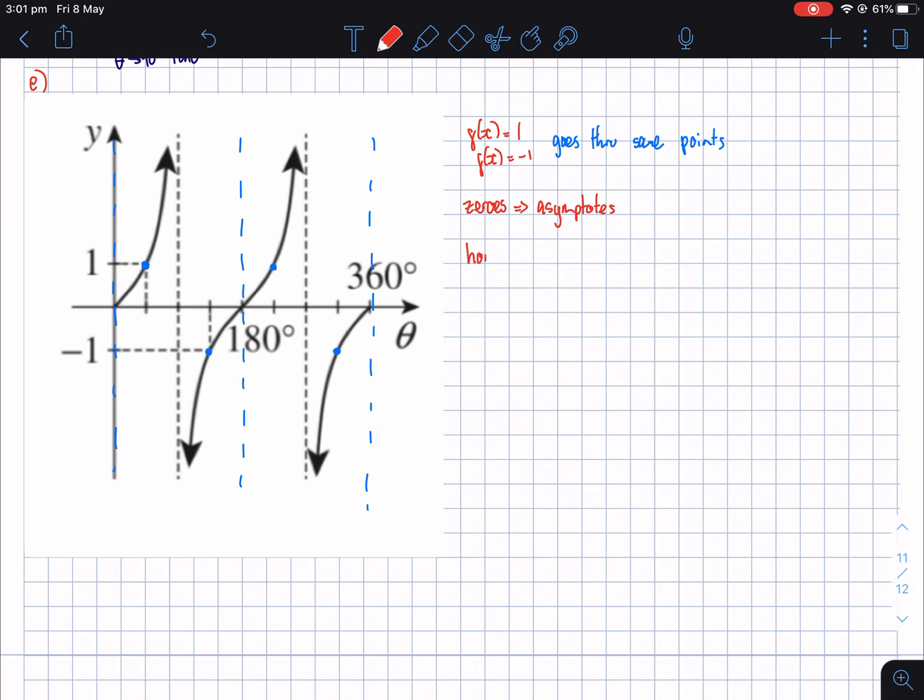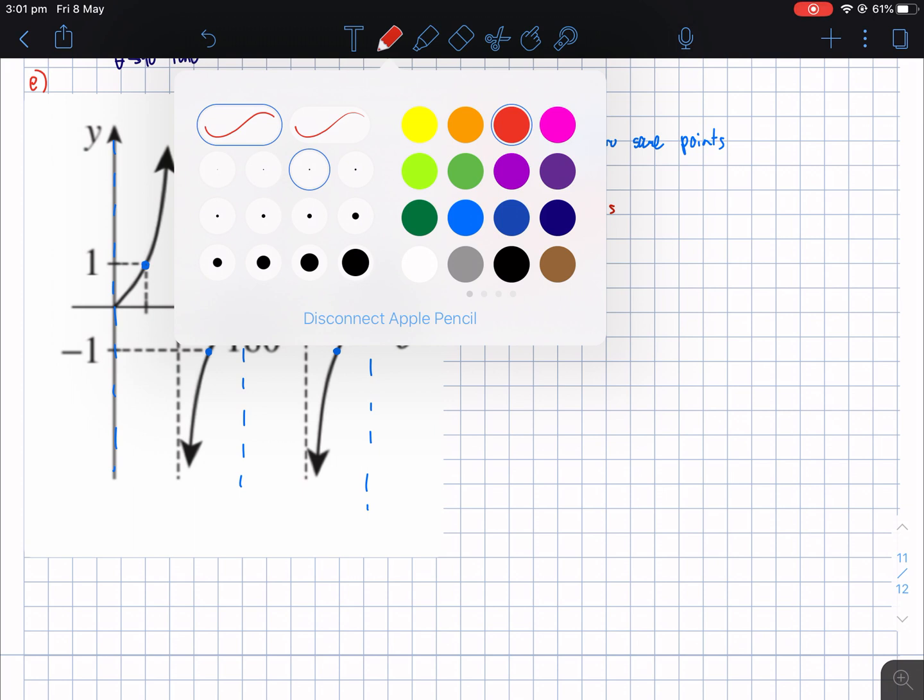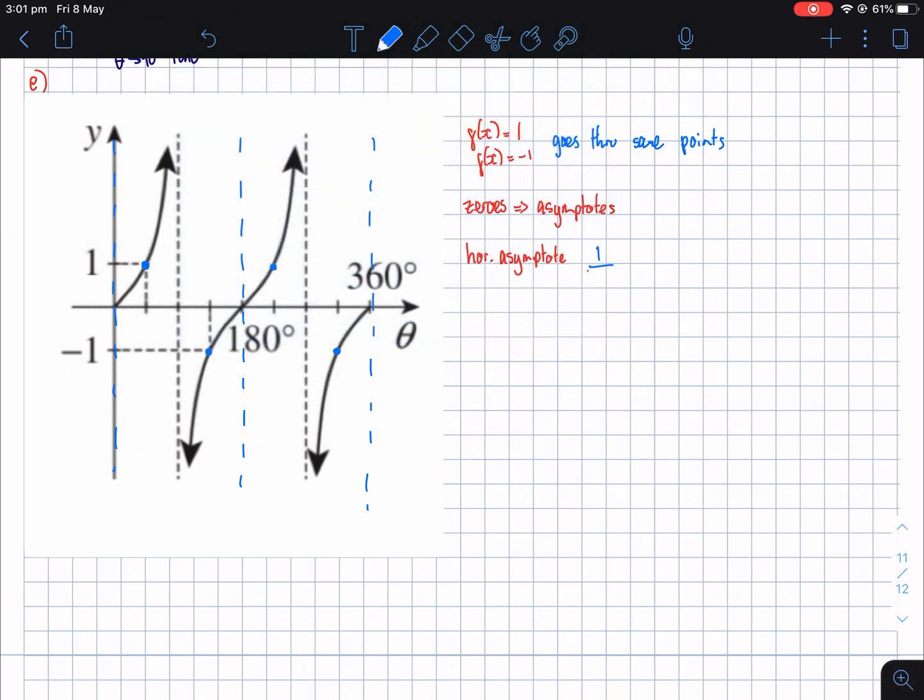Horizontal asymptote? Well, we know 1 over tan theta never equals 0, so we know we've got one there.